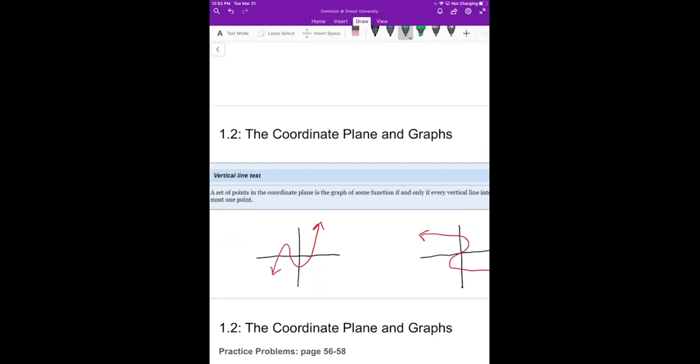Now in this first example, if I draw a vertical line here, or here, anywhere I draw a vertical line, I'm only going to hit once, so this is a function, because each vertical line only hits once.